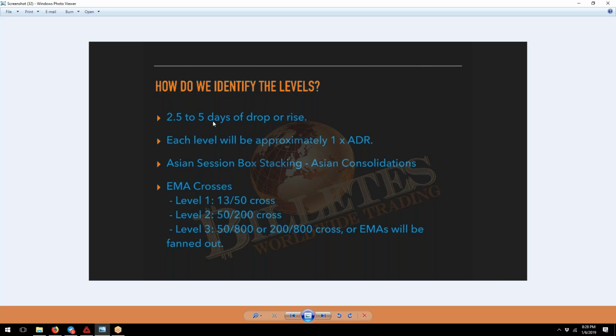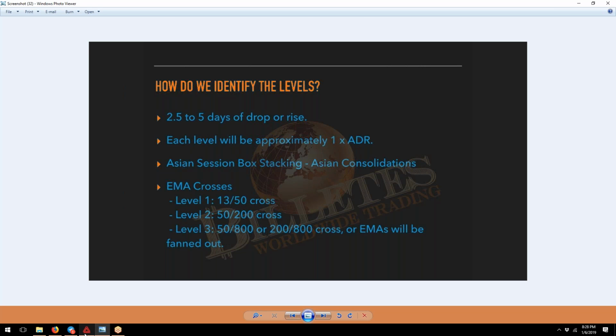If you just want to count days, again, 2.5 to 5 days in one direction, either drop or rise, you can count the levels. Hey, it's been 3 days of drop. It's probably going to reverse. Each level will be approximately 1 ADR.